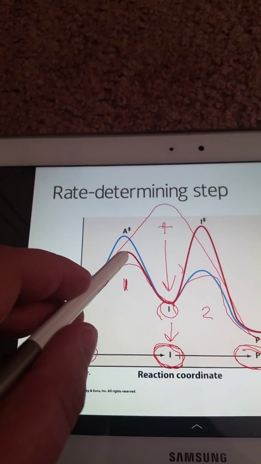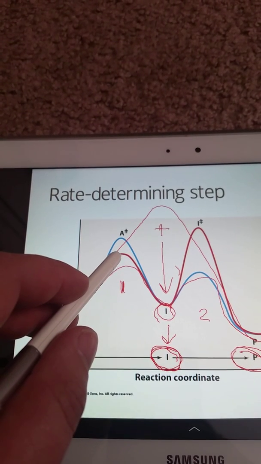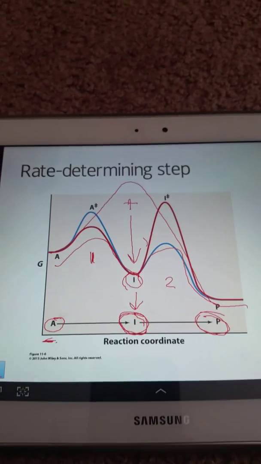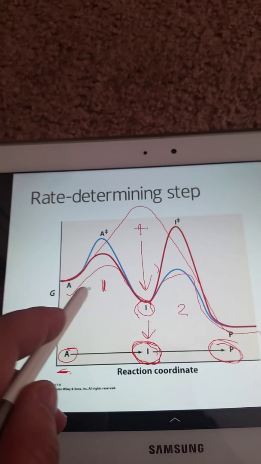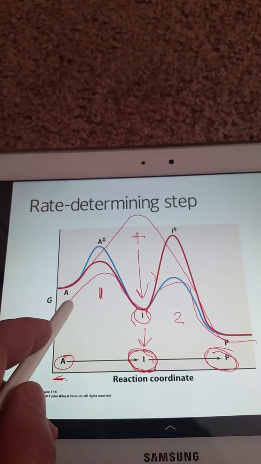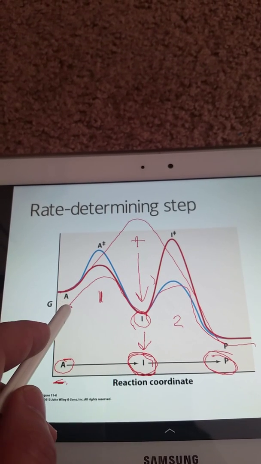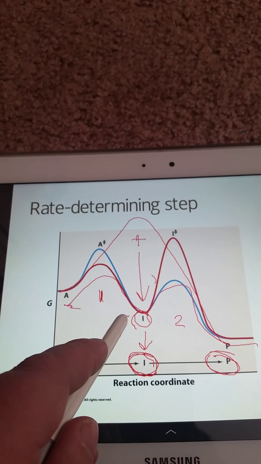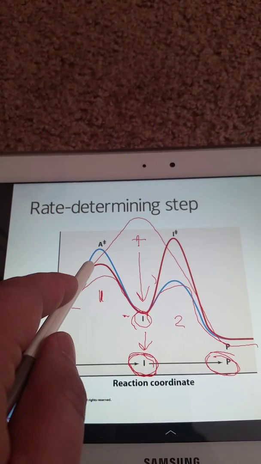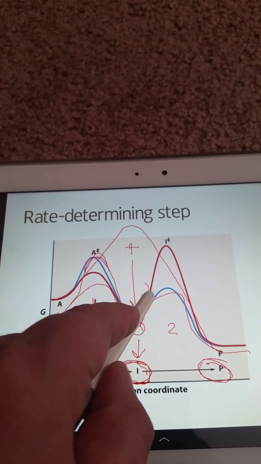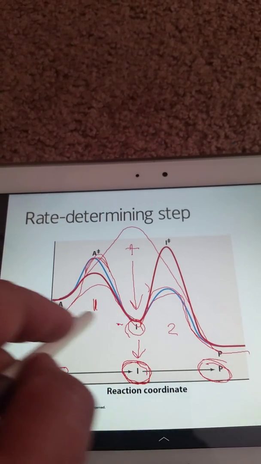Now often, now that we have two steps, step one and step two, we have to determine which is our rate determining step. So is the formation of the enzyme substrate complex, which yields our transition state with the enzyme complex, does that require more energy and therefore take longer than product formation?